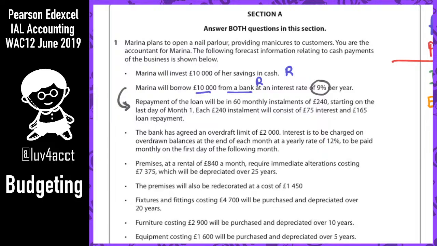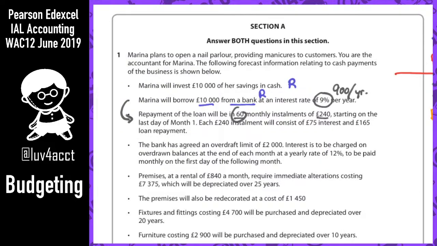Repayment of the loan will be in 60 monthly installments of 240. There's something strange here, because 9% of 10,000 is 900 per year for expense, and 60 months means it is 5 years.